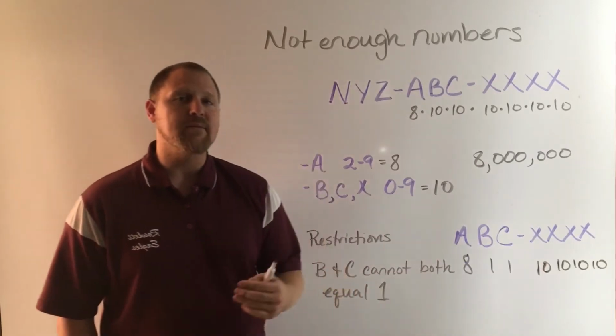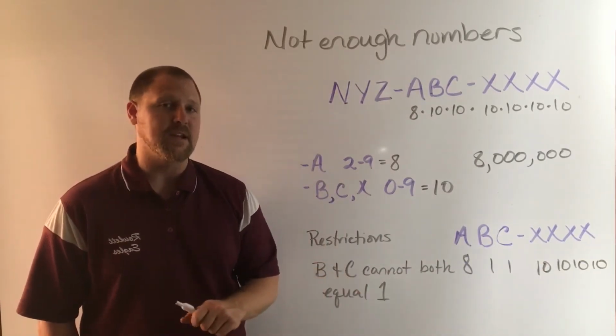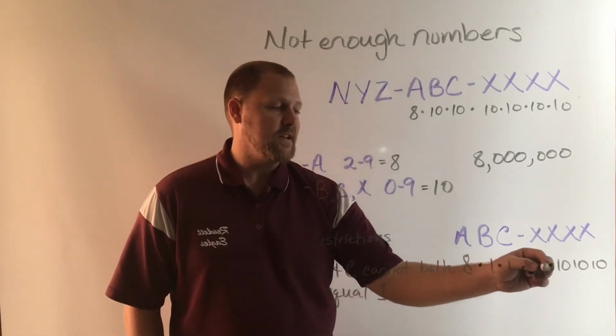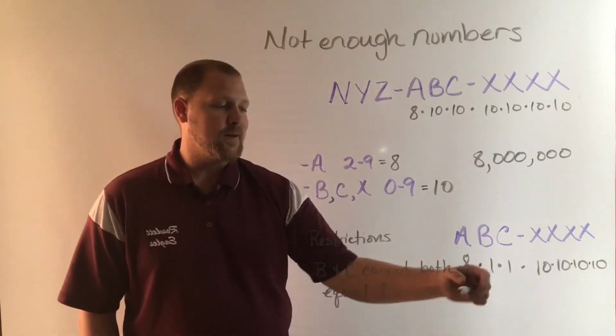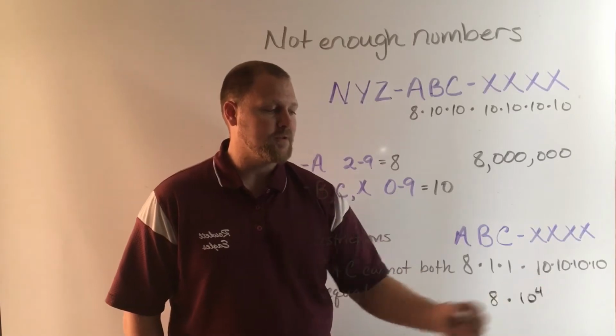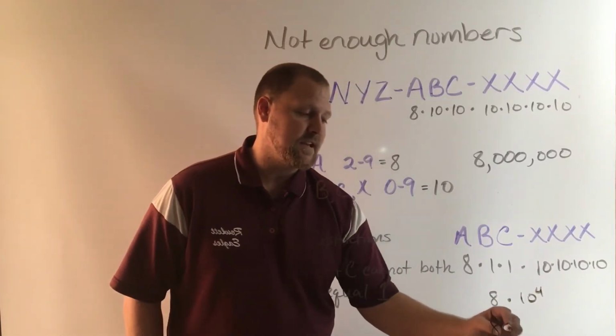And again, here we have the counting principle. Here I've restricted B and C to both being 1 at the same time. So we multiply these 7 events again to get the number of restricted numbers. And we have 8 times 1 times 1 times 10 to the 4th power. Well, 10 to the 4th power is 10,000. 8 times 10,000 is 80,000.